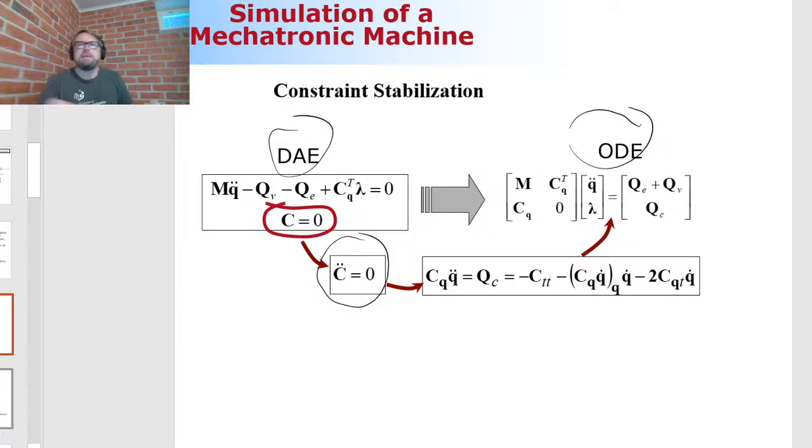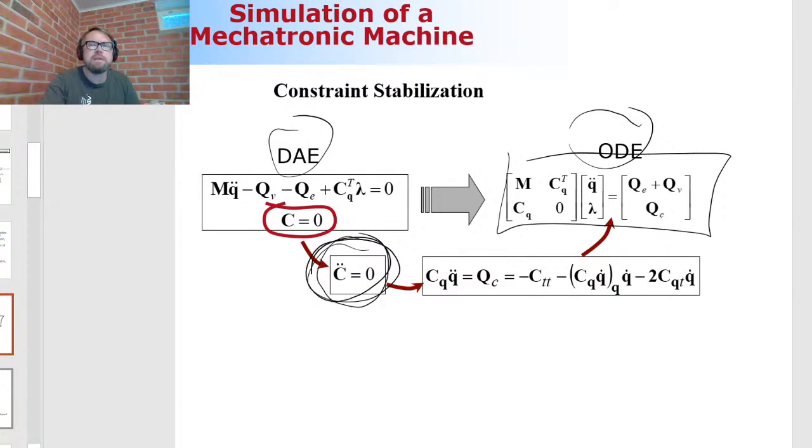So in this equation of motion, constraints are accounted for in acceleration only, because this is what actually led us to this equation.